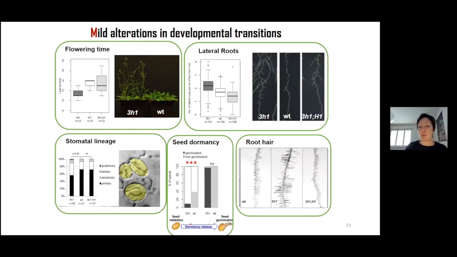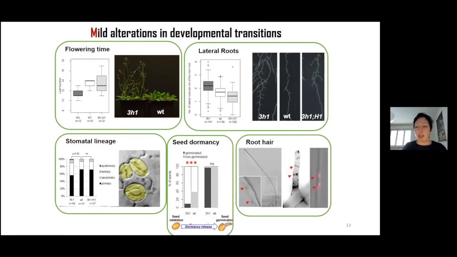It is another developmental transition in the root compared to the wild type. This is also an effect that we can rescue with incorporation of an H1 variant. Another intriguing observation was that sometimes the root hairs are actually dividing. So they are not stable in their root hair identity, which would be a single cell stopping division. Eventually, sometimes cell division resumes, and we can observe more cell nuclei in the root hair.